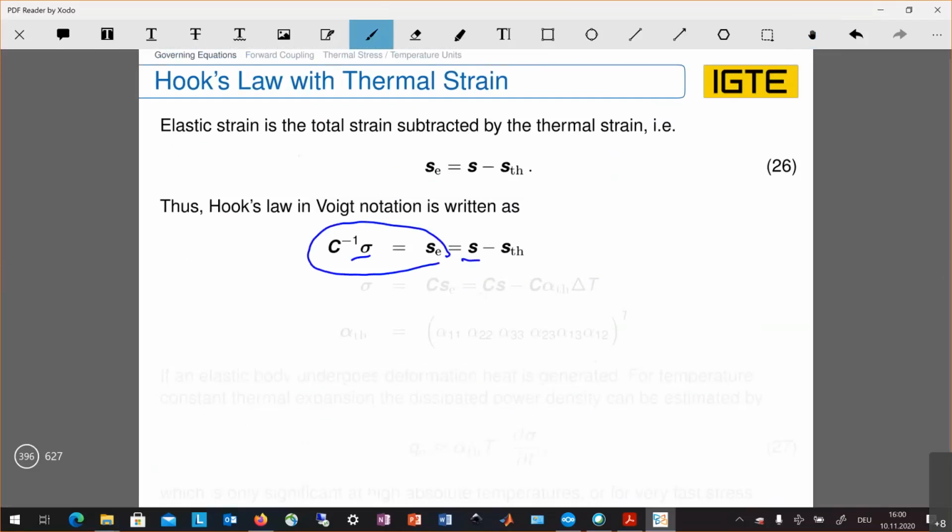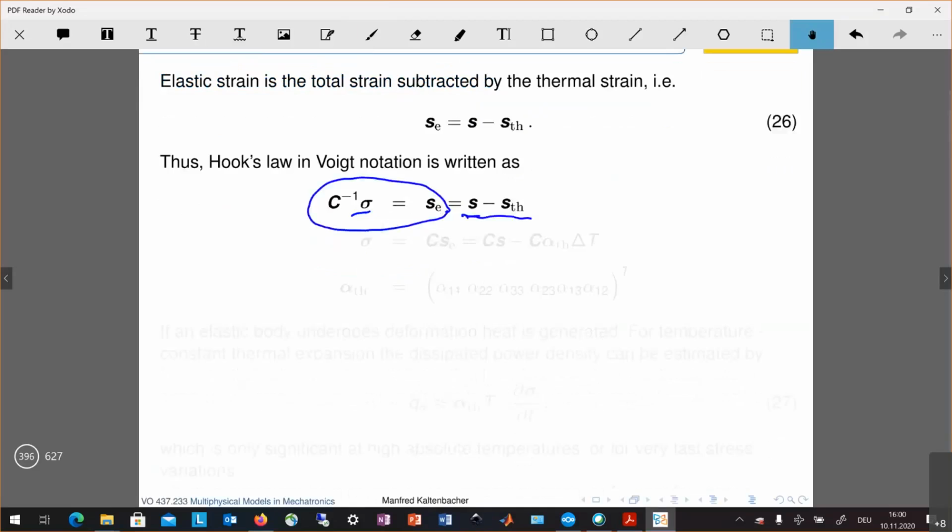And the elastic strains can be expressed by the total strains, as we know, and the difference with the thermal strains.